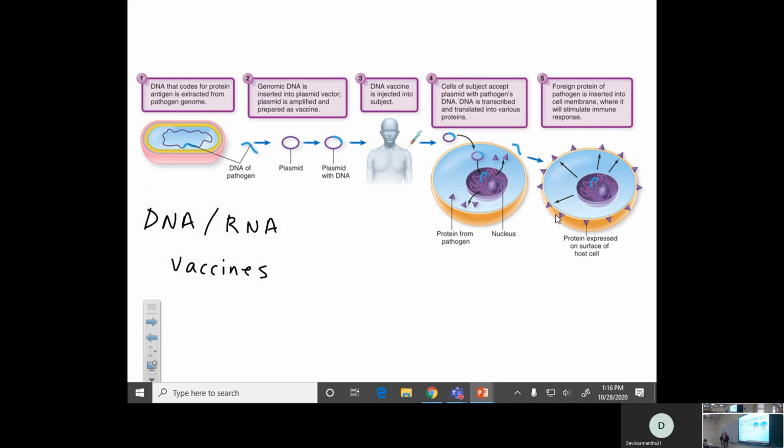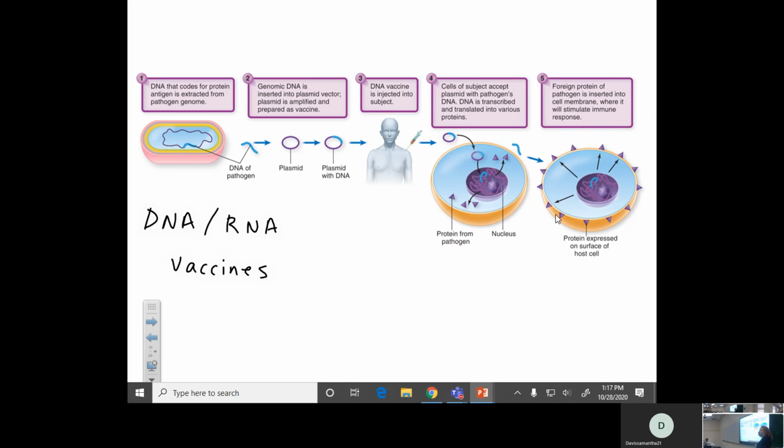And in these kind of vaccines, what you're actually giving the person is a piece of the DNA or the RNA, if it's RNA virus, into the person. So we're not injecting the people with antigens, we're injecting them with genes.